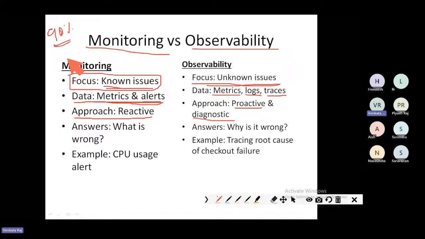That is a metric, guys. After you got that alert, or whoever is your monitoring team, whoever is your support team, after they got that alert, they will report it to the respective team, and they can basically look into that. What is the problem? But you do not go further, guys. You do not try to investigate what happened because of which the CPU utilization became 90%. Are you getting me?